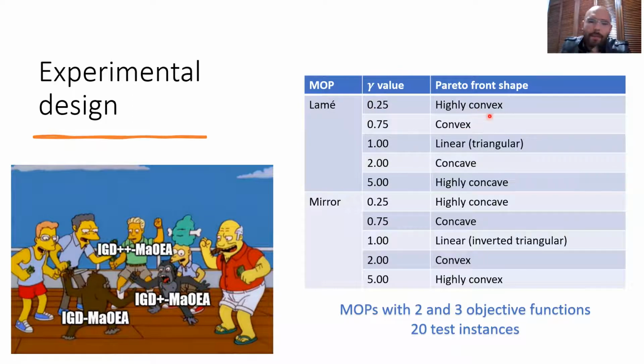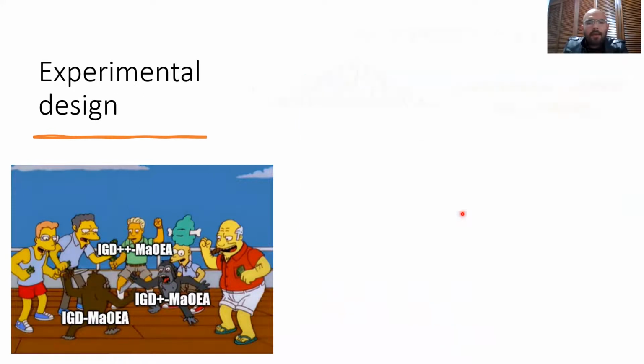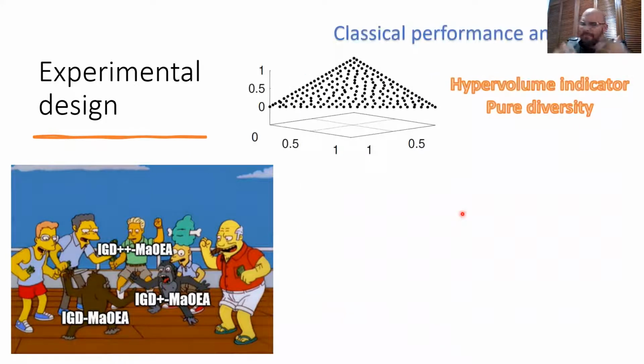So we have highly convex, convex, linear, concave, inverted convex, inverted concave, plenty of shapes. And the idea is to define a classical performance analysis, using the hypervolume and a diversity indicator, in this case the pure diversity, and we will assess the final Pareto front approximations produced by these three algorithms.